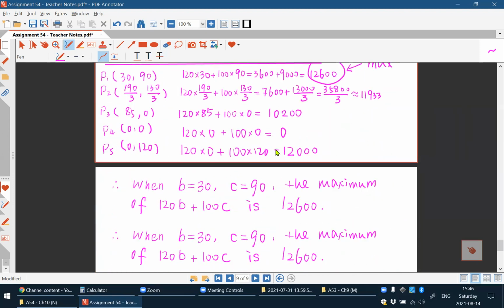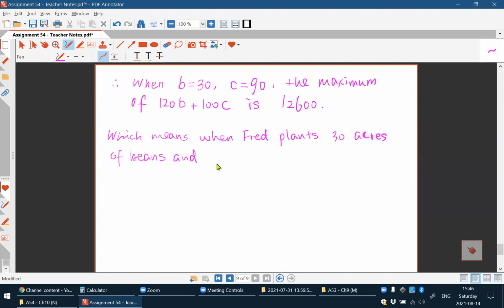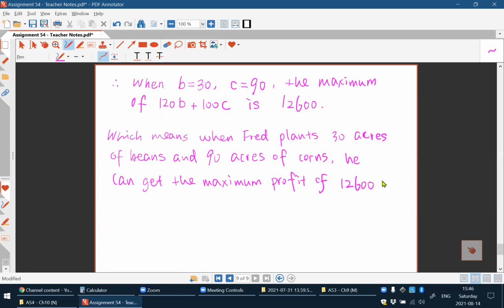So 30 acres of beans and 90 acres of corn, he can get the maximum profit of $12,600. Okay, this is our final conclusion.